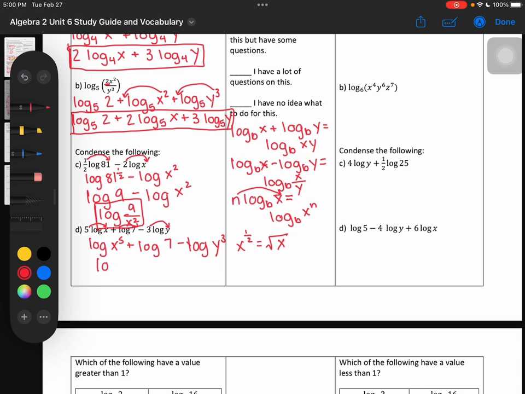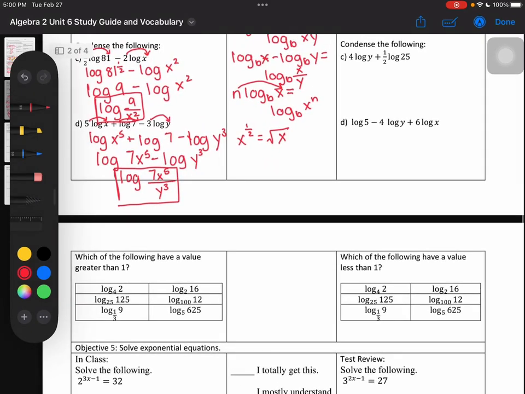So I'm going to multiply those together. And then, since I now have a minus sign, I write it as a fraction. Perfect. And that is all condensed.